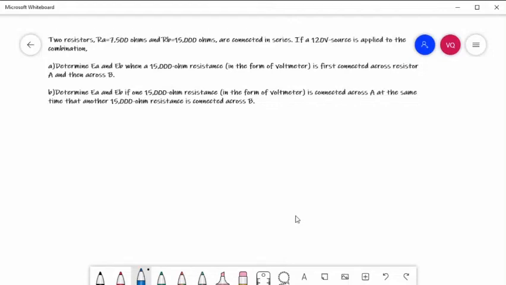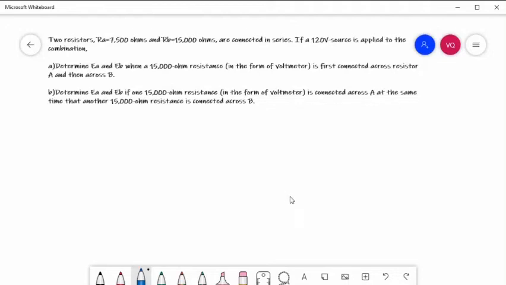So, if a 120 volt source is applied to the combination, letter A, determine EA, which is the voltage drop across resistor A, and EB, resistor B, when a 15,000 ohm resistance in the form of voltmeter is first connected across resistor A and then B. So, letter B, determine EA and EB if one 15,000 ohm resistance in the form of voltmeter is connected across A at the same time that another 15,000 ohm resistance is connected across B.